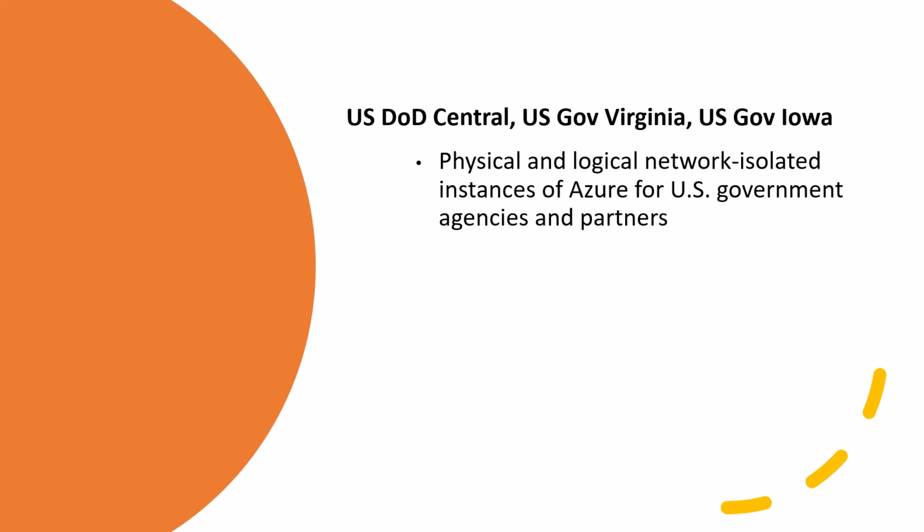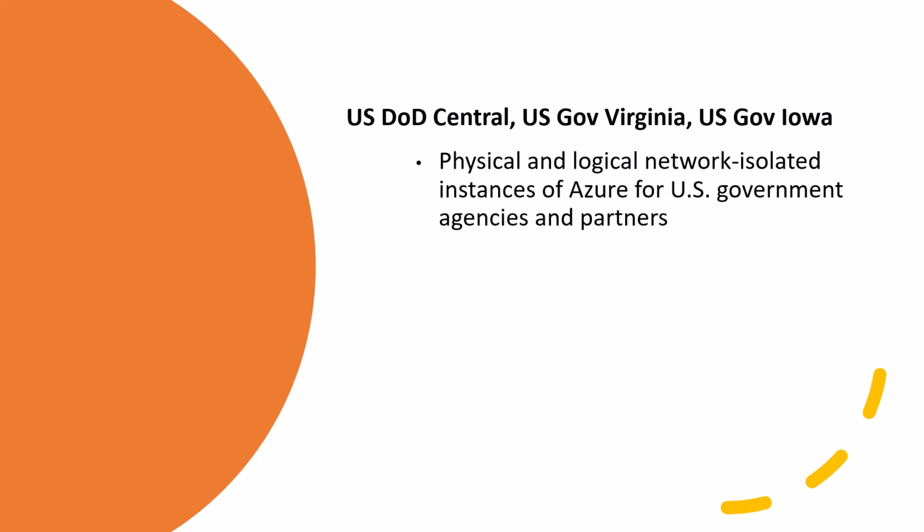These are regions that are physical, but they're also logical network isolated instances of Azure for US government agencies and its partners. These particular data centers are operated by screened US personnel, and they include additional compliance certifications.